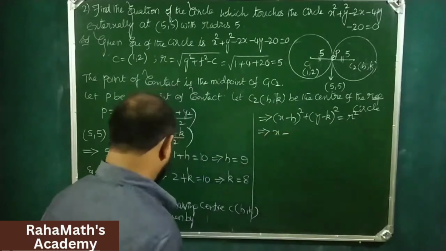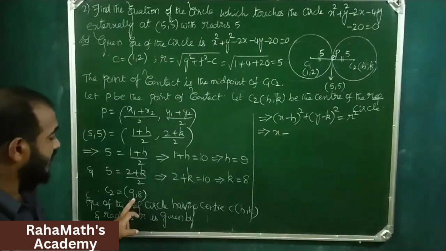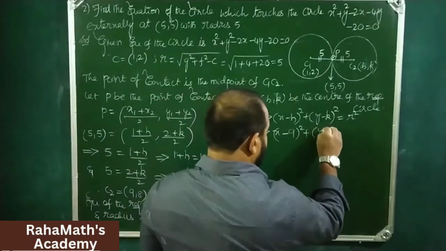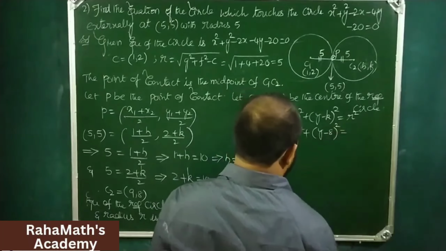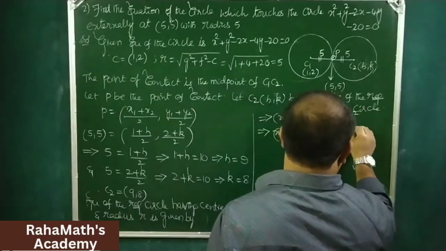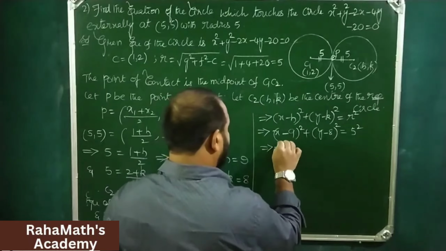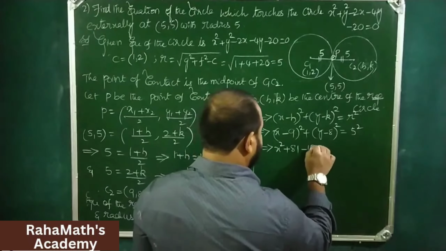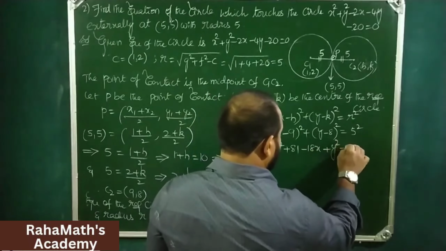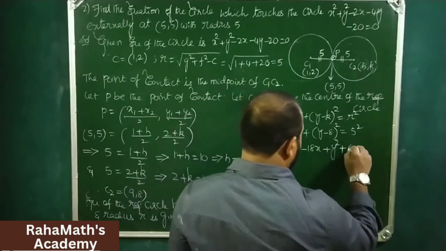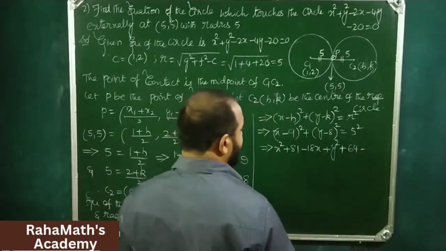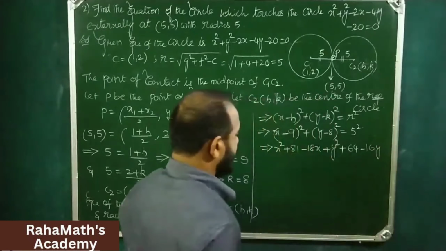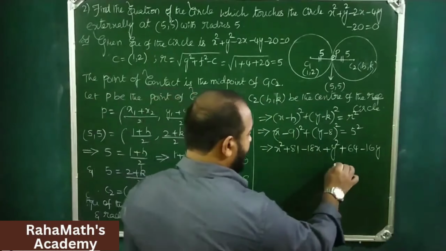We found h comma k are 9 comma 8. So x minus 9 whole square plus y minus 8 whole square equals r, which is 5, square. So x square plus 9 square 81, 2 9s are 18x, y square plus 8 8s are 64 minus 2 8s are 16y is equal to 25.